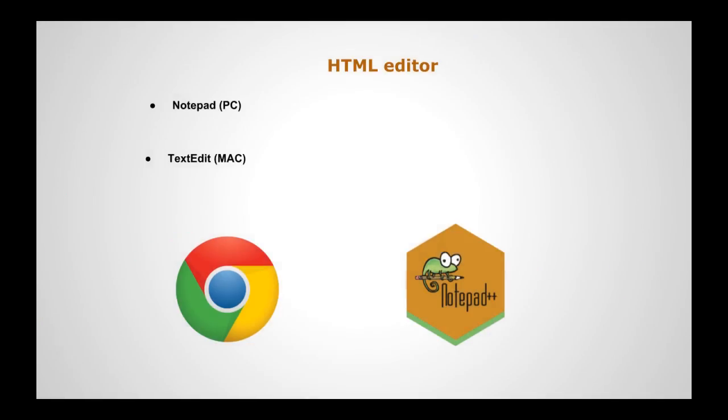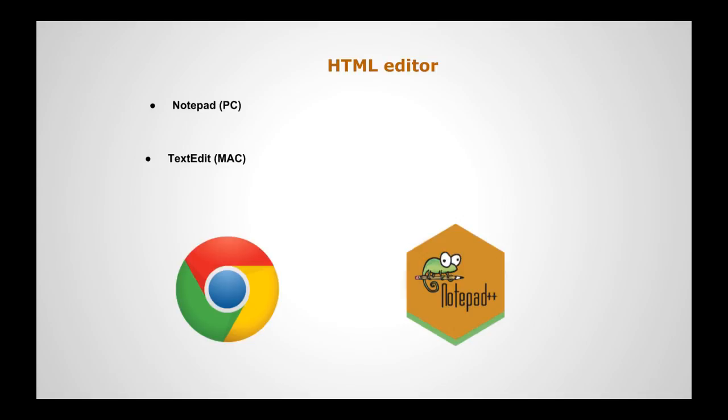In order to use HTML, we do not need sophisticated software. All we need is a text editor and a web browser. The default text editor for PCs is Notepad, and the default text editor for Mac is TextEdit. Notepad++ is a free software.